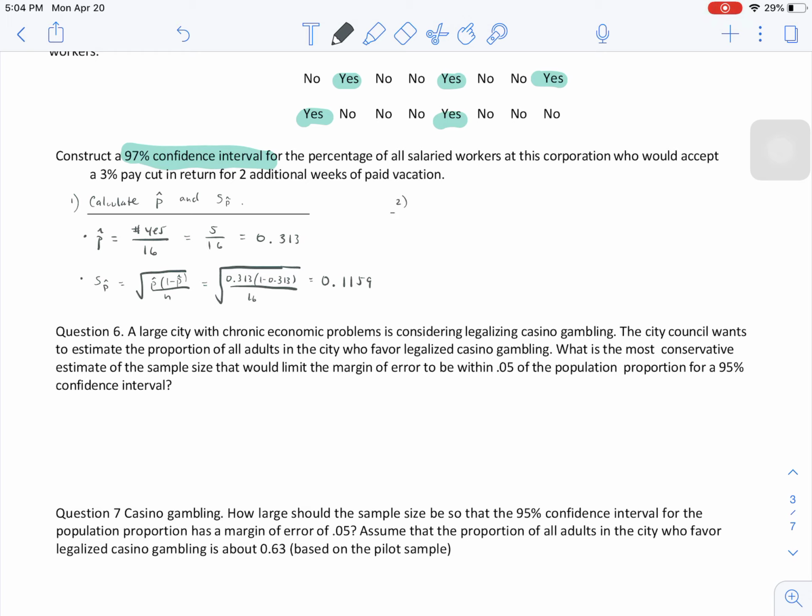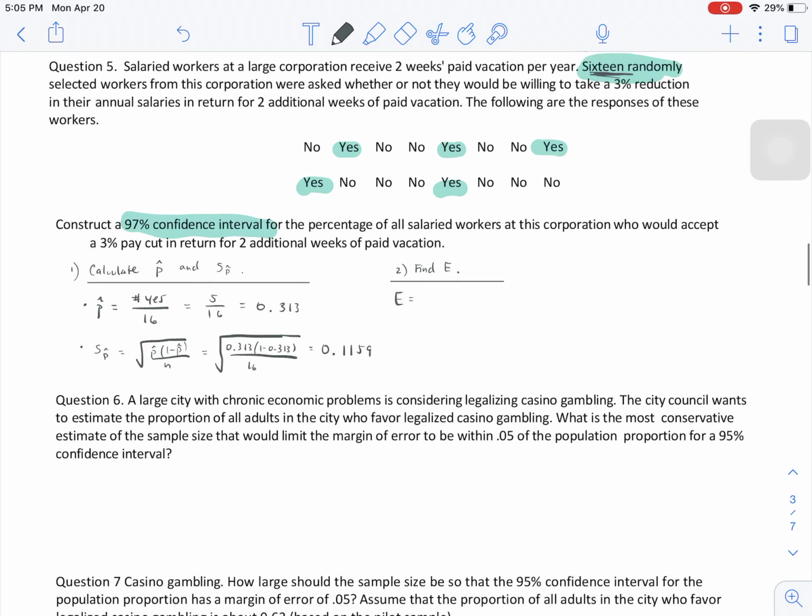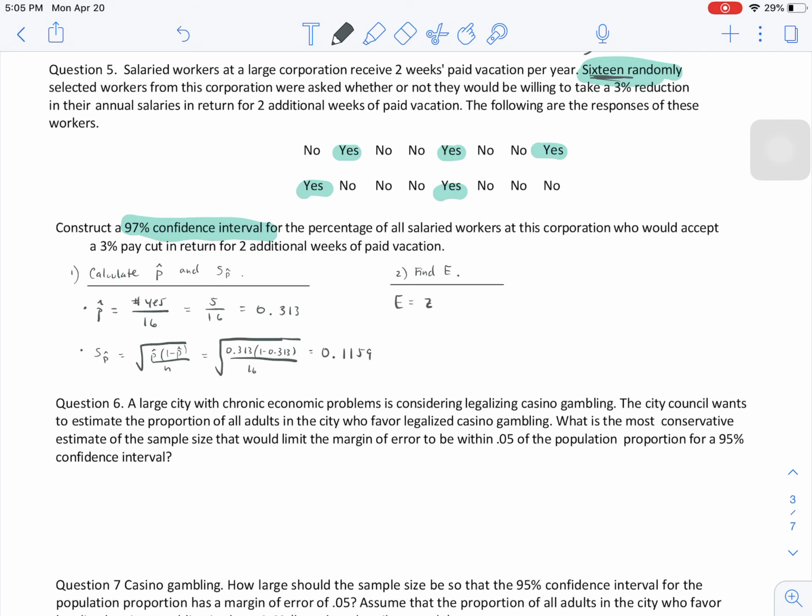So then I want to find my margin of error. My margin of error, when I'm estimating a population proportion, is the z-score corresponding to my confidence level times my sample standard deviation. My confidence level is 97%, so 1 minus that is 3%.